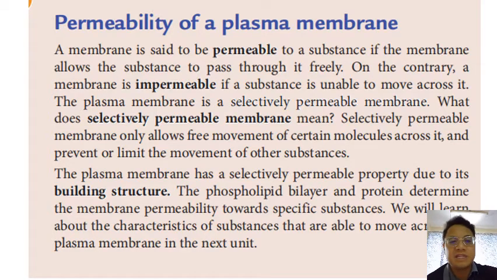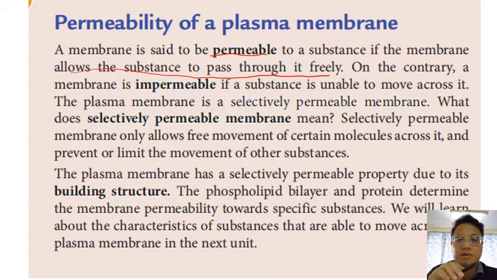Permeability of a plasma membrane. A plasma membrane is said to be permeable to a substance if the membrane allows the substance to pass through it freely. Meaning if the molecule can pass through the plasma membrane, the plasma membrane is permeable.